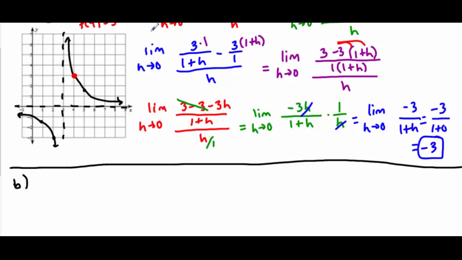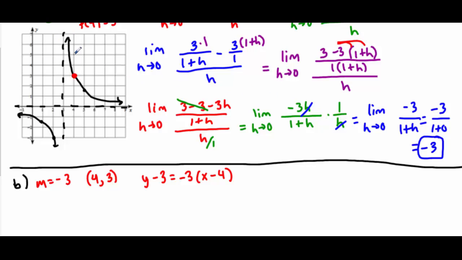So part B, we want the slope we just found, which is negative 3. The point it's going through is 4, 3. And we just need to write this in point slope. Y minus 3 equals negative 3 times x minus 4.